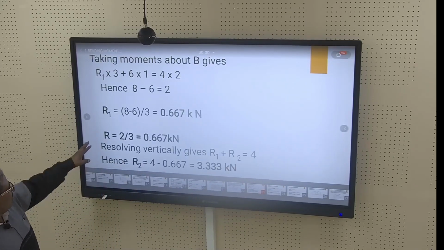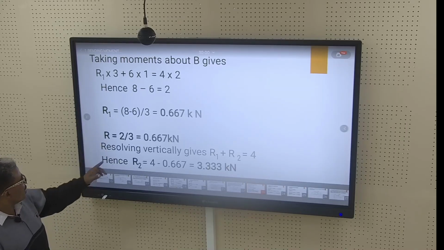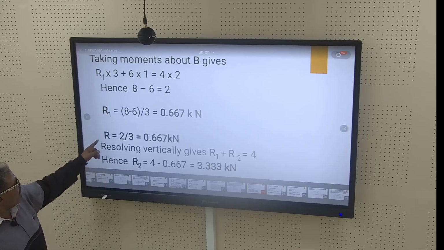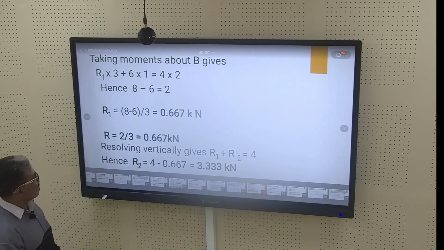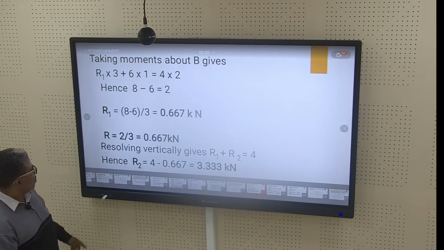So R1 can be computed by summing the like terms, it becomes 8 minus 6 over 3, making R1 the subject. So R1 is 0.667 kilonewton.